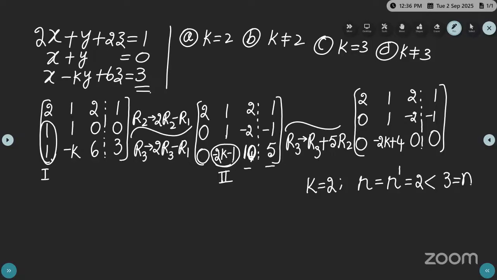Next option. When k is not equal to 2, write down: when k is not equal to 2, rank of coefficient matrix equals rank of augmented matrix, equal to 3, equal to n.